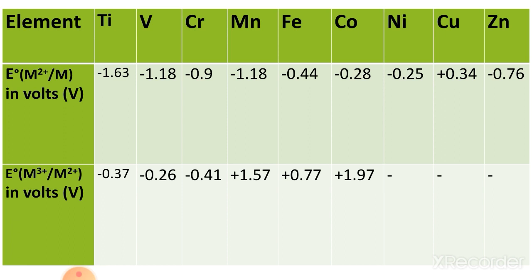This suggests that Cr2+ is unstable and is oxidized to Cr3+, which is more stable and hence acts as a reducing agent, whereas Mn3+ is unstable and is reduced to Mn2+, which is more stable, and hence Mn3+ acts as an oxidizing agent. So this type of question may arise.